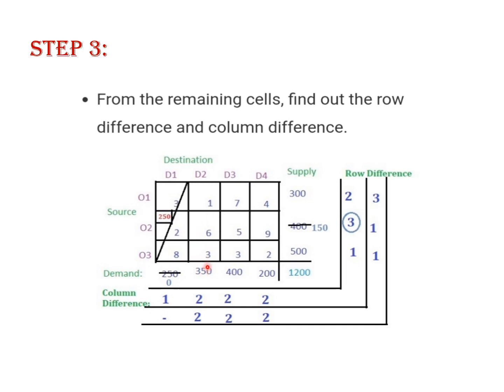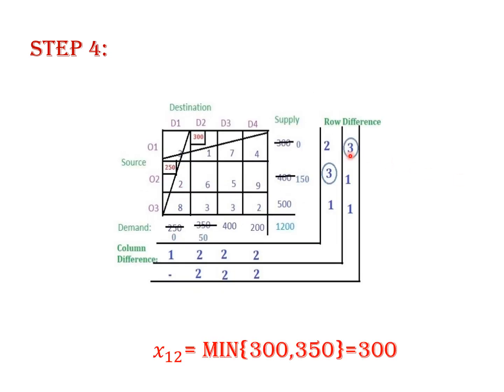Next least cost is 3. So, the difference is 2. In the third column, the difference is 2. Fourth column, the difference is 2. First row, the difference is 1. Second row, the difference is 3. Third row, the difference is 1. The largest of these is 3.